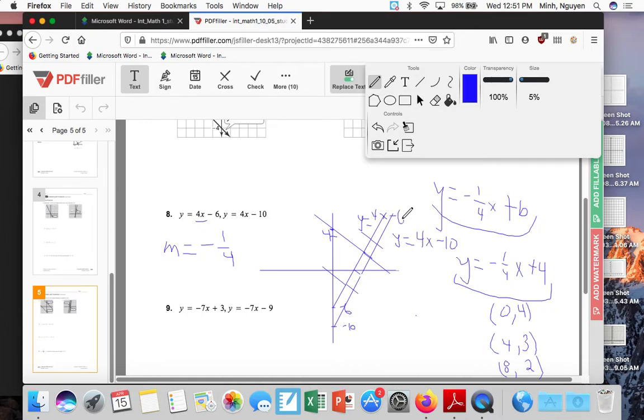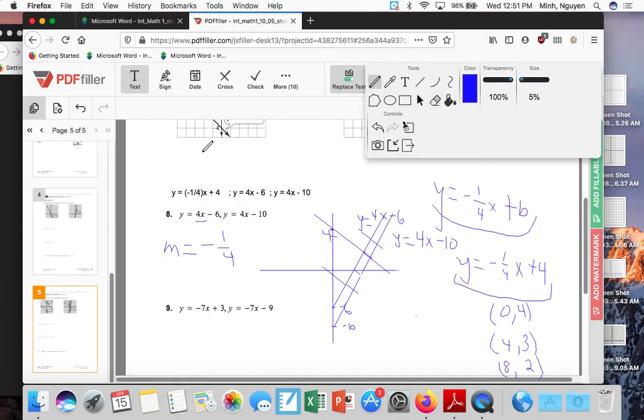To get my 2 points, here's what I'm going to have to do. I'd say this line, y equals negative 1/4 times x plus 4, and then I have my other lines: y equals 4x minus 6, and y equals 4x minus 10. I want to know where these connect with this one.